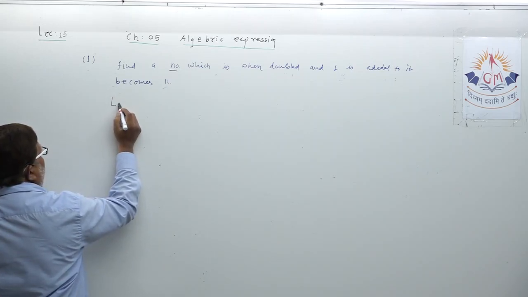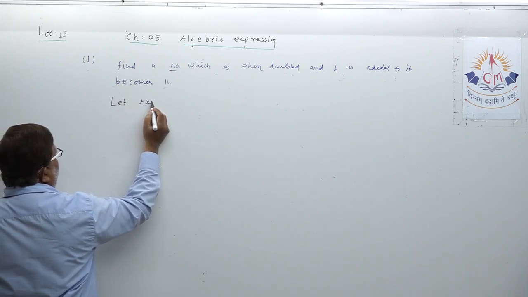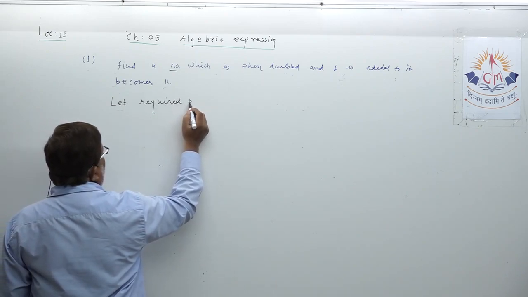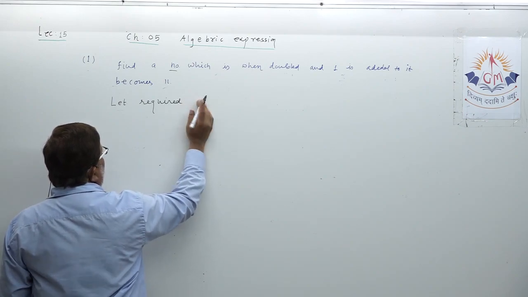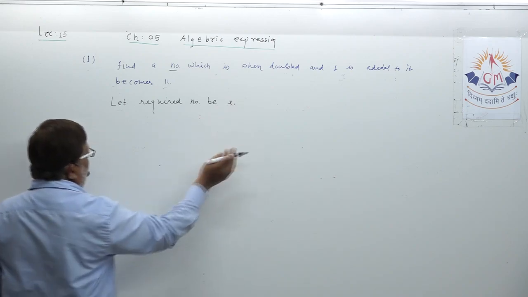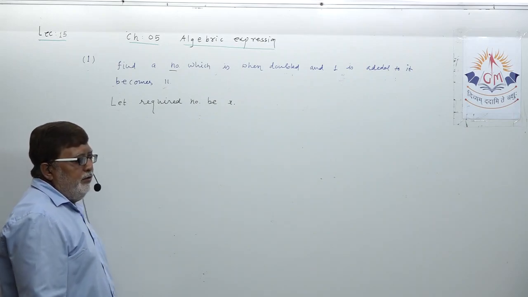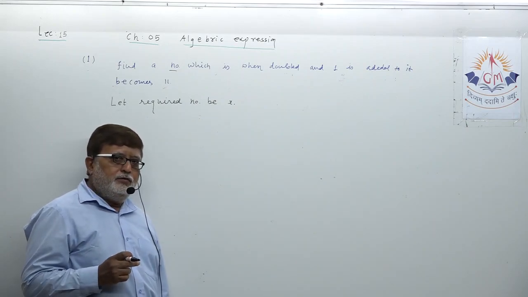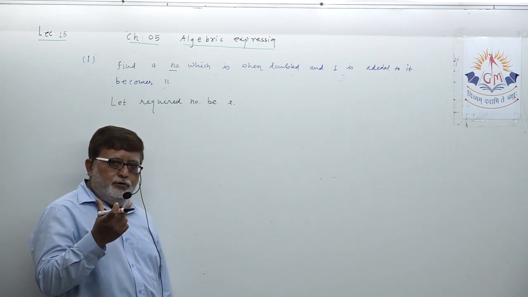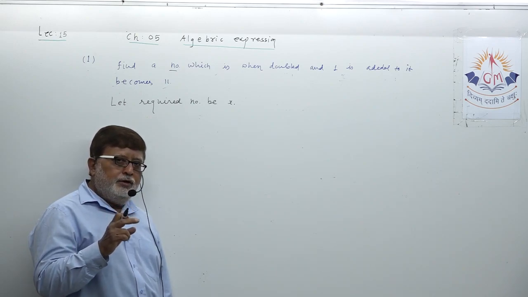You have to write this statement: let the required number, which we don't know, be x. After you suppose the number as x, now you have to generate the equation according to the given condition.